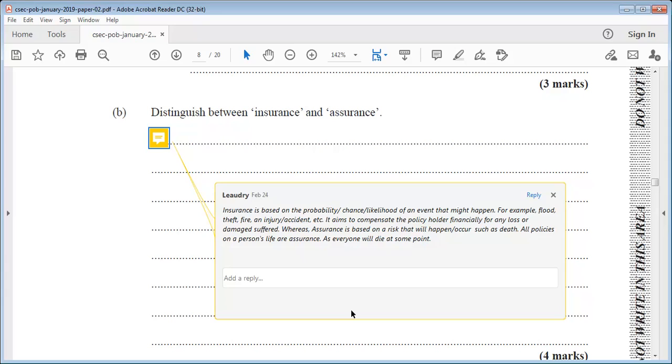So, as we know, all policies on a person's life are assurance, and everyone at some point we know will die. So that is why persons take out life insurance. All right. So assurance, it is sure to happen. It is sure, it's a must. Insurance, a chance. It might happen.